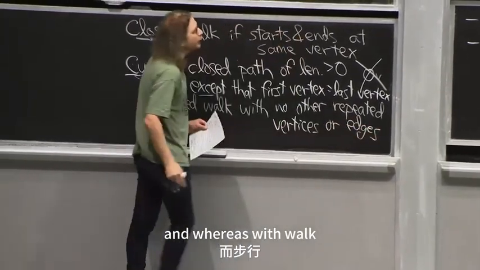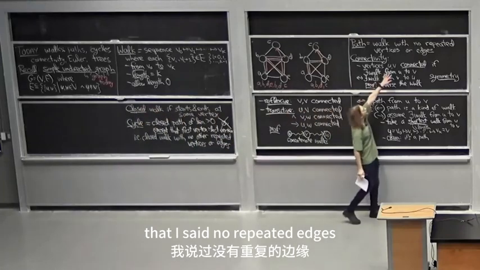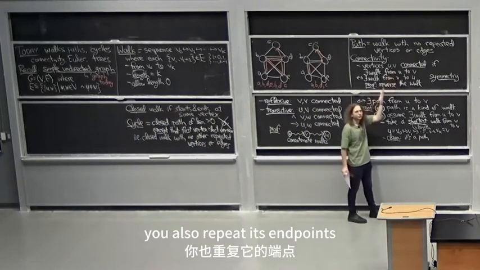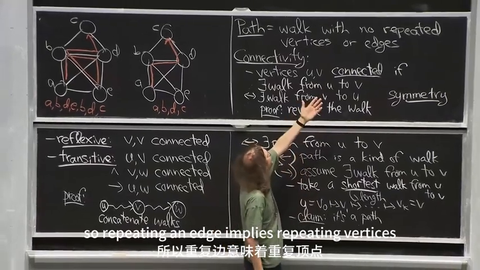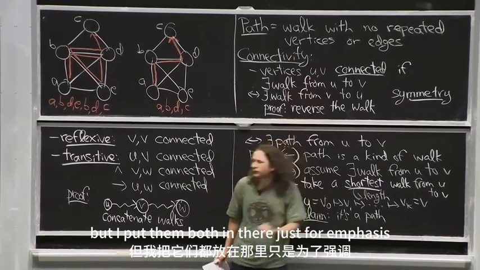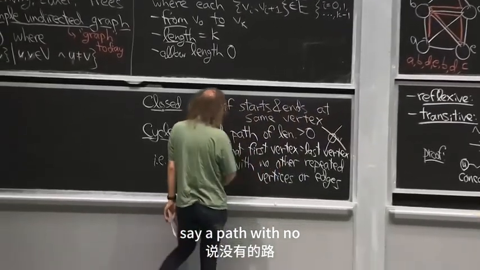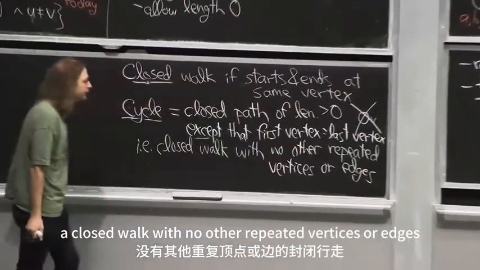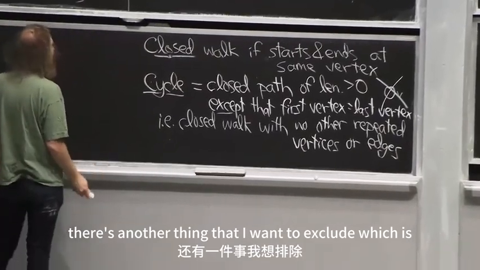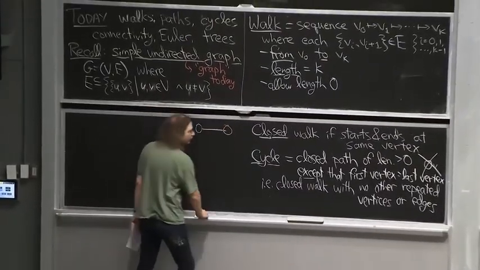Whereas with path, it wasn't that big a deal that I said no repeated edges, because if you repeat an edge, you also repeat its endpoints. So repeating an edge implies repeating vertices, but I put them both in there just for emphasis. Here it actually matters. To say a closed walk with no other repeated vertices or edges, there's another thing that I want to exclude, which is, suppose I have an edge.